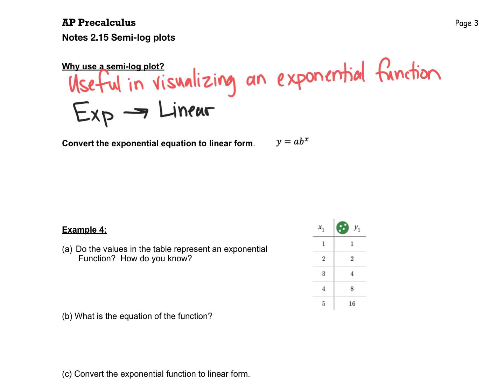Some of the multiple choice questions that they've released give you a semi-log plot and ask which model is represented by the log plot, and they give you a bunch of equations. If it's linear, you're going to pick the exponential one. That's really as tough as it gets.